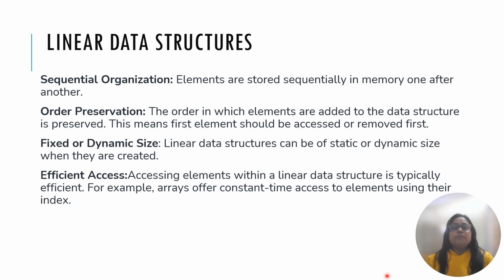Efficient access: in array we can access any element in constant time, because if we provide the particular array index, then we can access that element directly. But in linked list we have to access from the beginning.